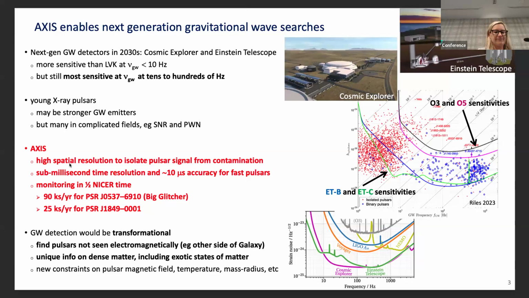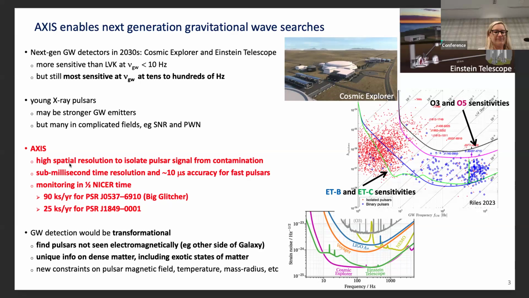And so what can AXIS do? Young X-ray pulsars are often in complicated X-ray fields, like pulsar wind nebulae, supernova remnants, and globular clusters. What AXIS provides is high spatial resolution so that you can get your pulsar signal much more easily.